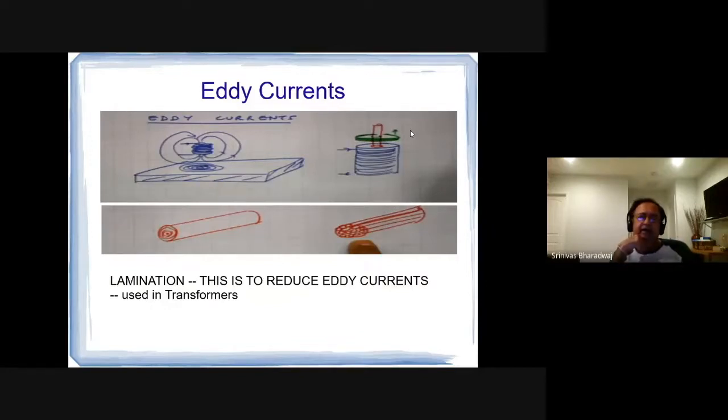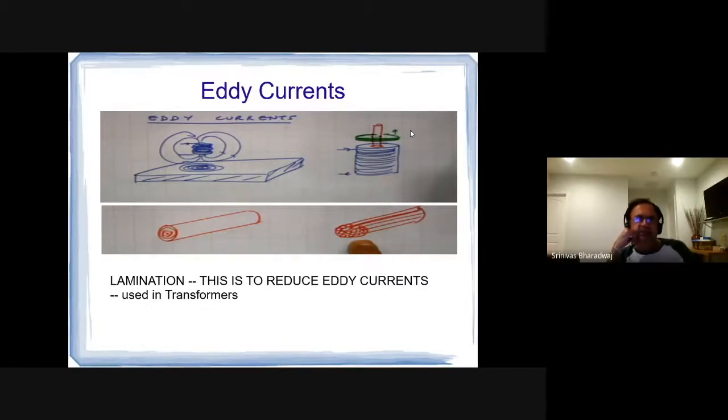Very simple ideas, but again, this is how it works. Now, one thing that happens is that sometimes these induced currents tend to waste energy. If there are a lot of additional induced currents, these are called eddy currents, like eddies in a stream.